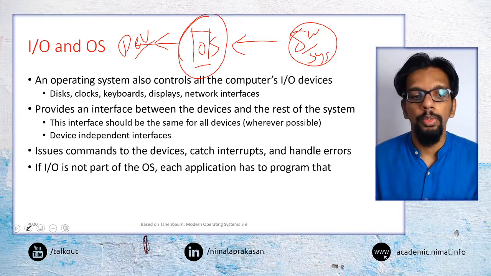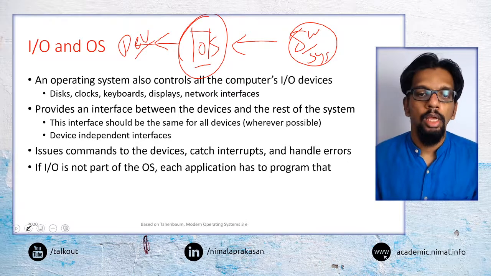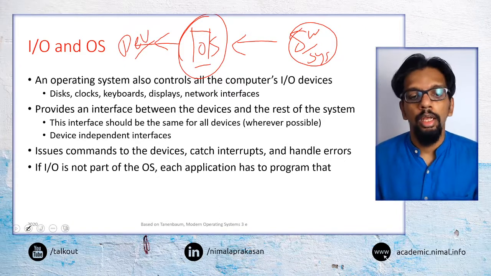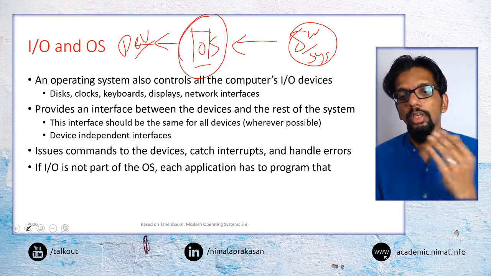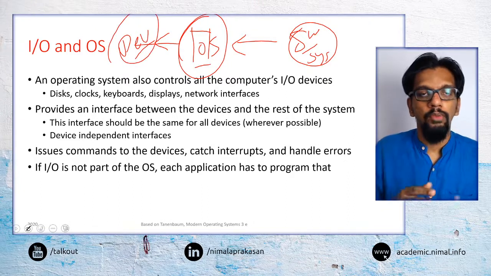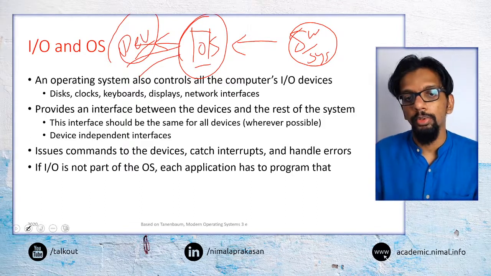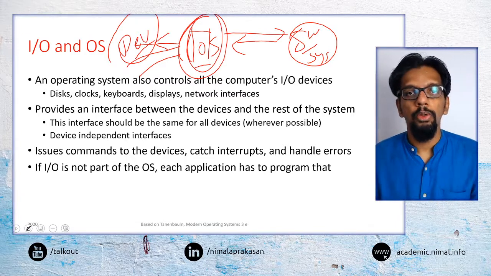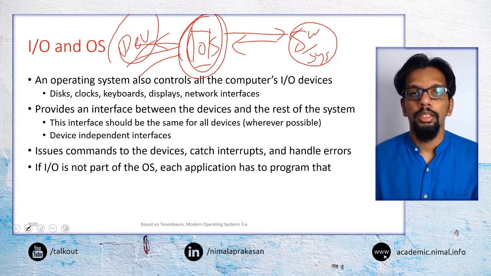So operating system will be that intermediary component, and by doing that, operating systems can give what is called a unified interface or device independent interface to these other systems. So for example, even if we have a variety of printers that can be attached to a computer, the operating system may give a singular interface about printers through which any program, any process can access printers.